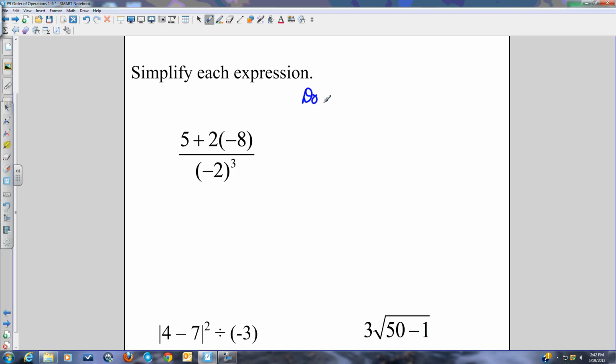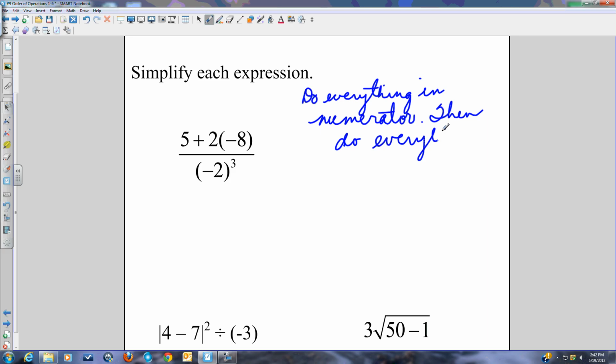So do everything in the numerator, then do everything in the denominator. And then if you can divide, go ahead. If you can't, simplify by reducing your fraction.